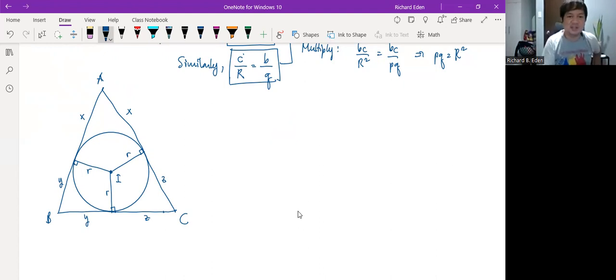So some properties: Y plus Z equals A, of course. And then B, what's B equal to? X plus Y equals B. And then how about, wait, is that right? X plus Y, sorry.